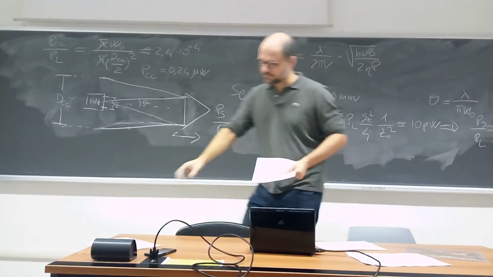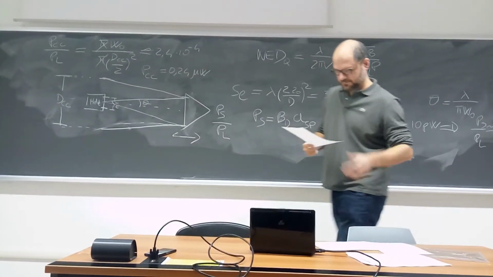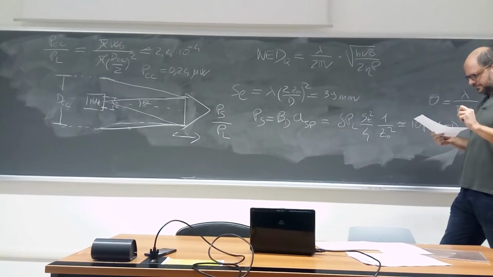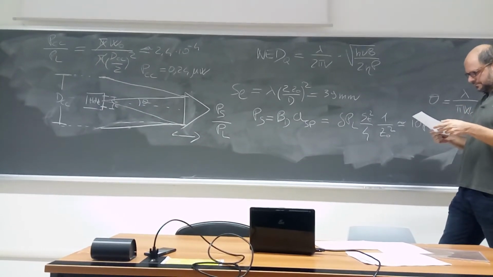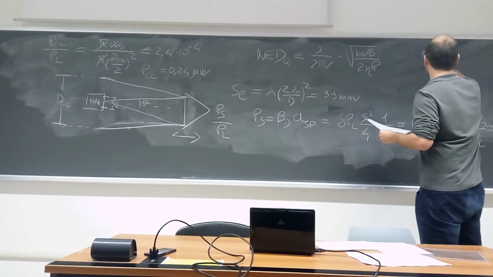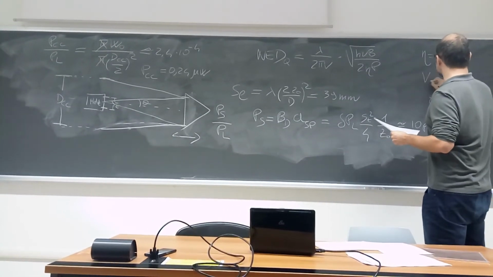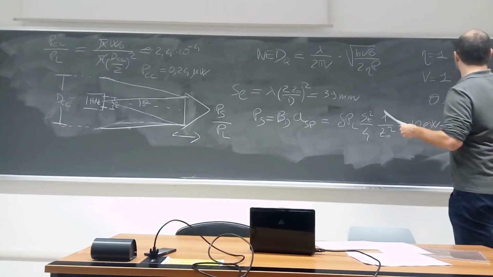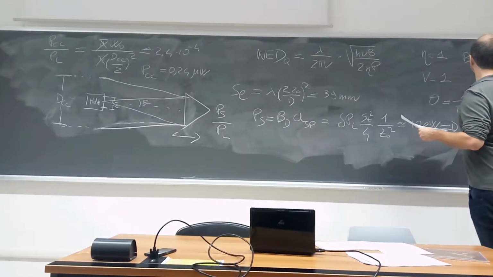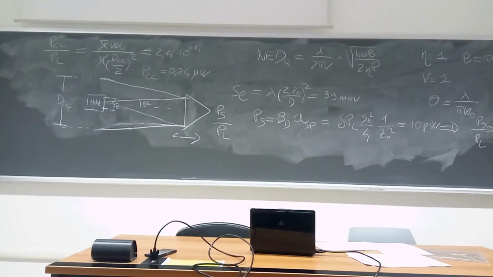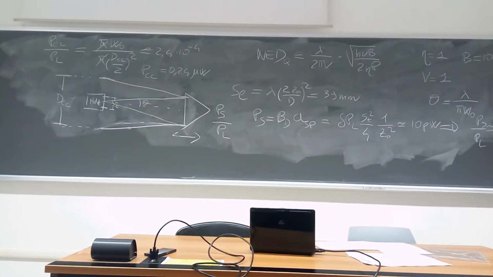Now, the exercise says, let's use a quantum efficiency equal to 1, a fringes visibility equal to 1, and an electronic bandwidth equal to 100 Hertz, and that's all.